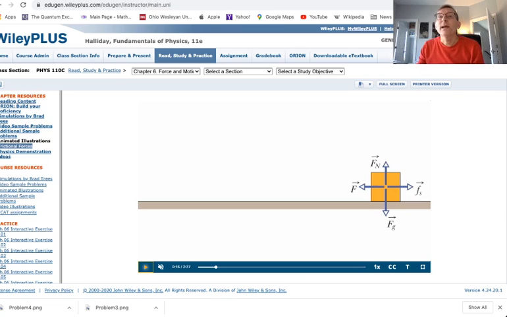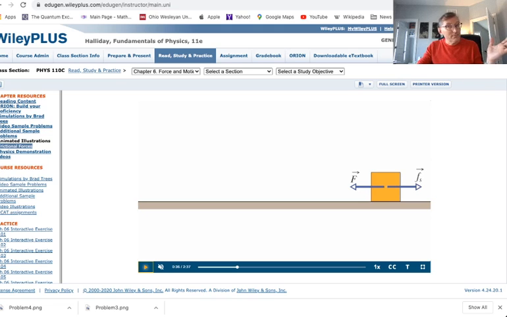Okay? And that means that static frictional force is rather tricky. Because what if I come along with this applied force and I pull a little bit harder to the left? Now that applied force is bigger, but still not so big that the block moves. Understand what I'm saying? Still, the block is stationary. So that must mean that the static frictional force got bigger the other way to match the applied force.